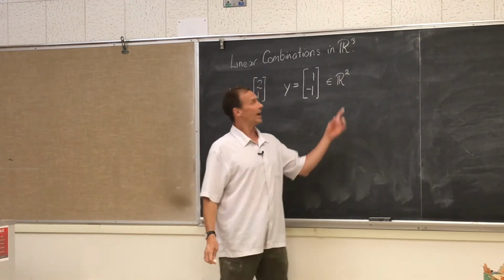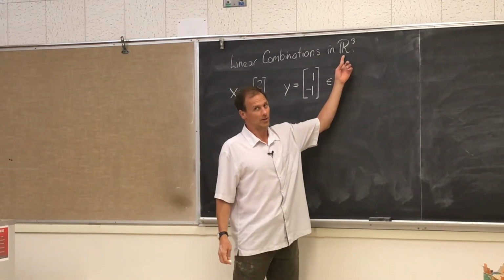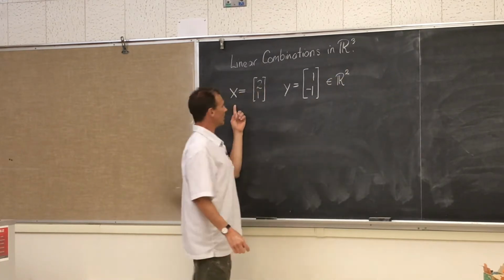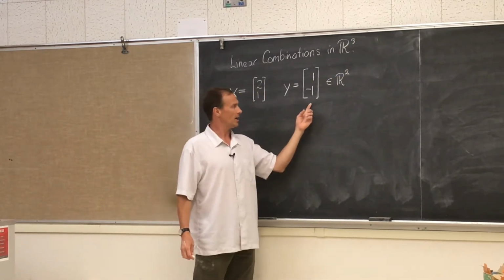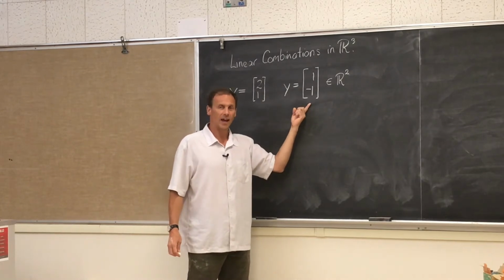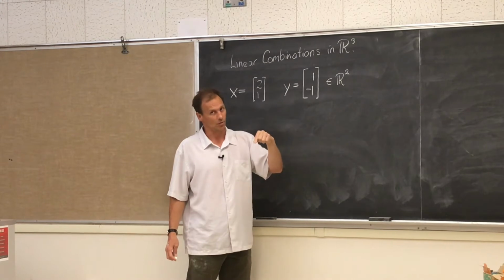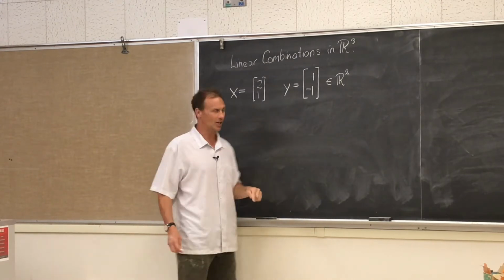But the title is about R3. So let's take these vectors, x and y, and keep them in the xy plane, but now put that into R3. So how would that change?